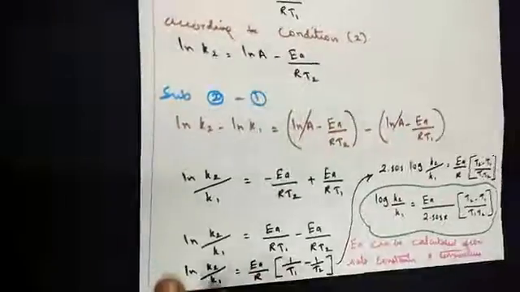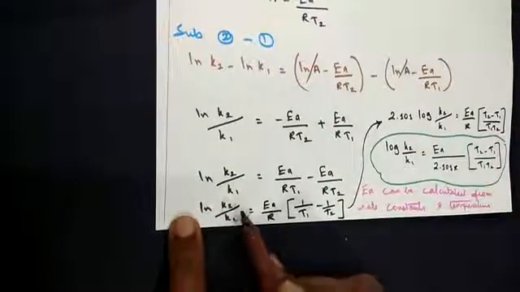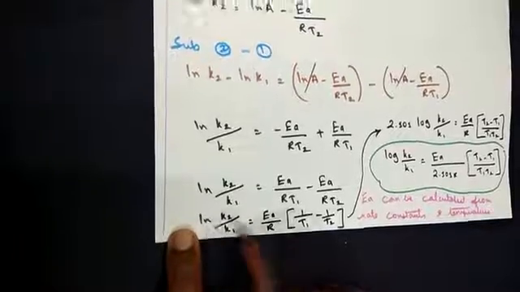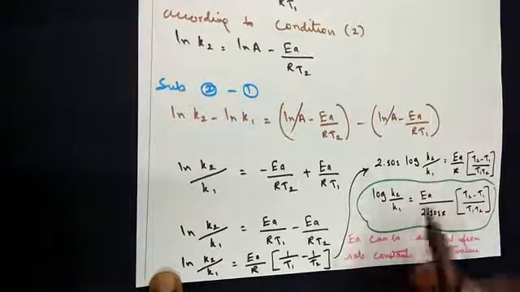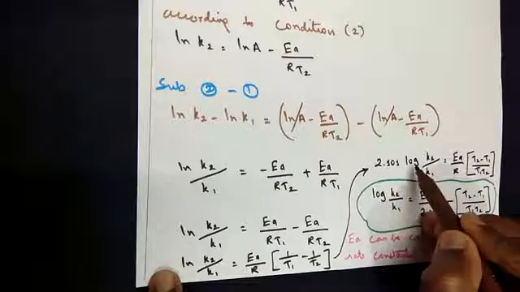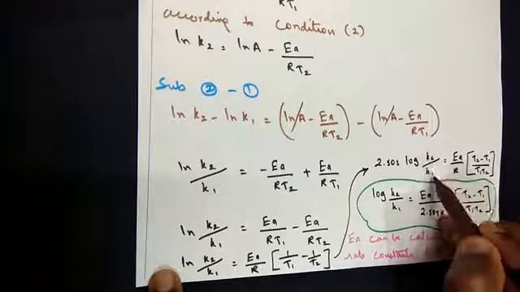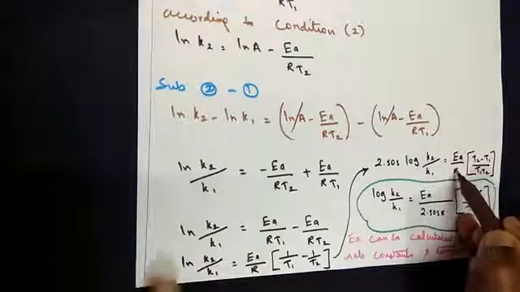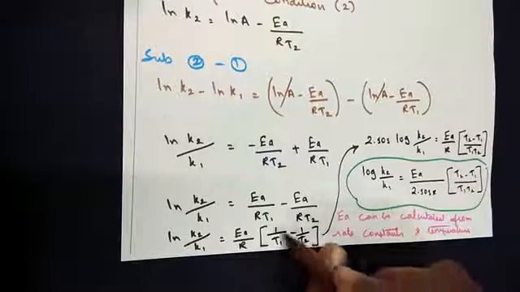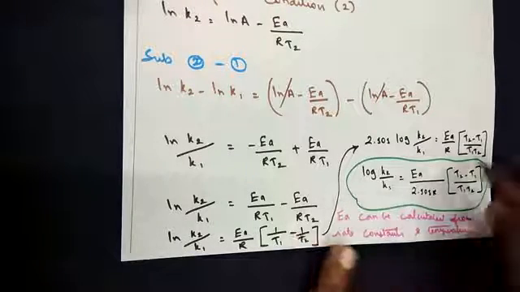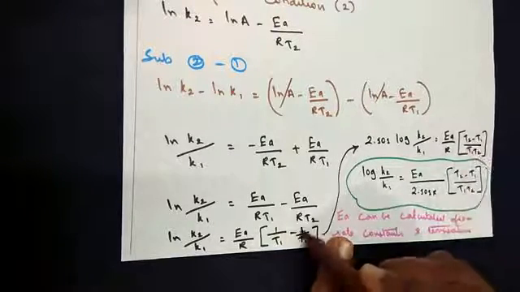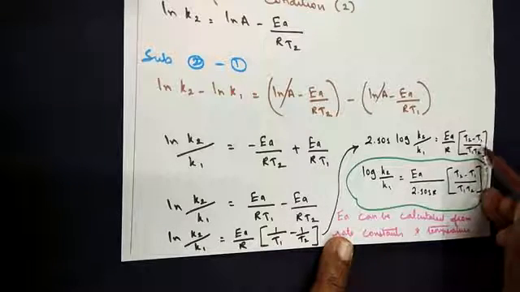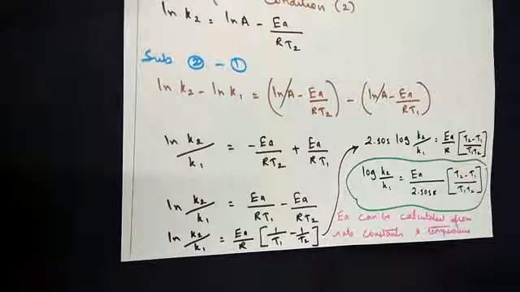Now natural log, we have seen it earlier. Natural log can be converted into a normal logarithm by multiplying it with 2.303. So 2.303 into log K2 by K1 is equal to Ea by R. Remember, just cross multiply. So 1 into T2 becomes T2 minus 1 into T1 becomes T1 divided by T1 into T2.